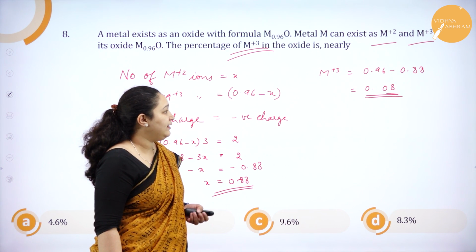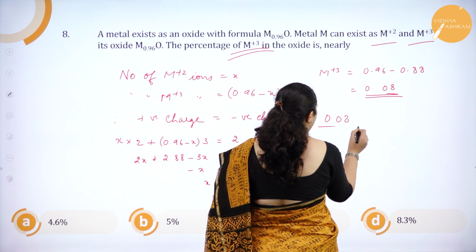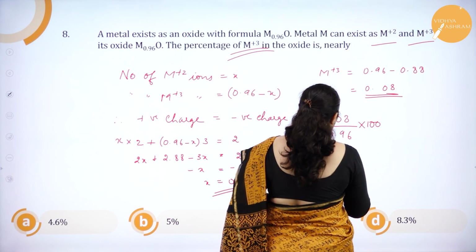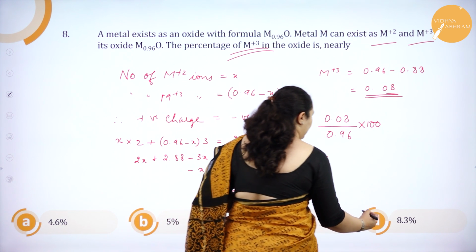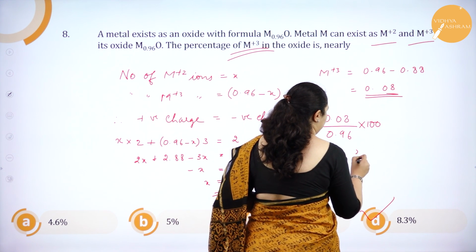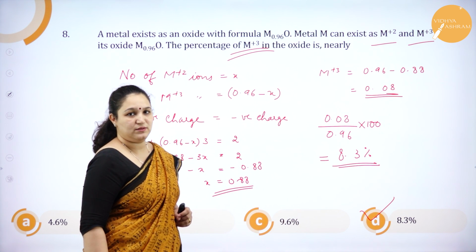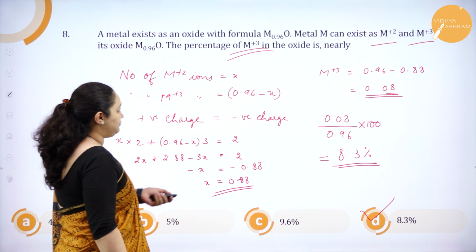So how do you calculate percentage? It's nothing but 0.08 out of 0.96 into 100, which if you solve, you are going to get 8.3%. I hope you have understood.